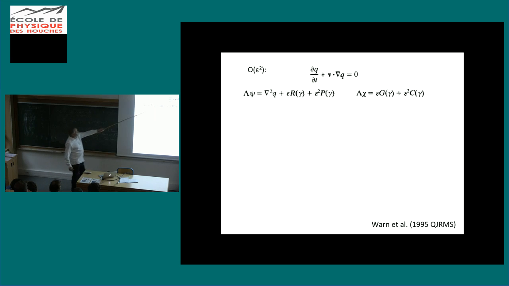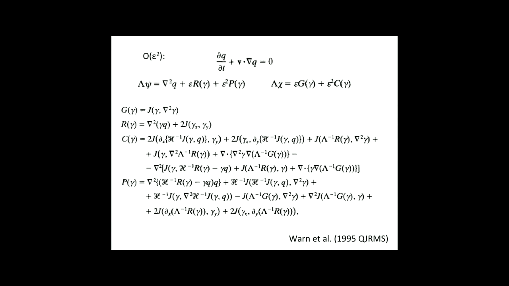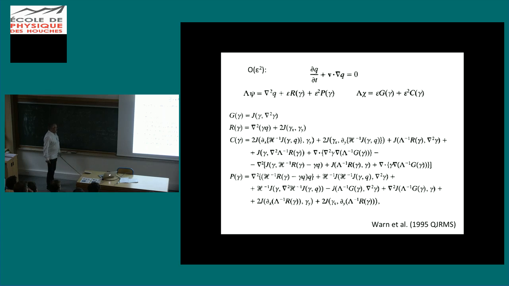You have an advection of PV, and to get the stream function, you have to solve this equation, and to get the velocity potential, you have to solve this equation. The only problem is the functions are a bit complicated. There was a lot of interest in the 80s in using balanced models practically to solve problems quantitatively, but if you think of trying to solve this numerically with multigrids and everything, it just is hopeless.